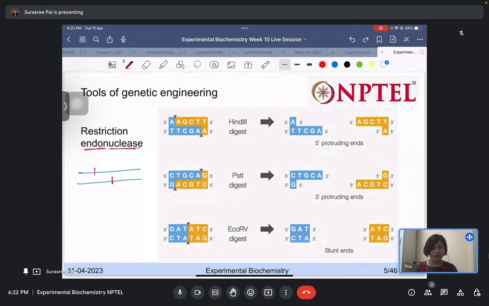These restriction endonucleases are named after the bacterial strain from which they are isolated. For example, EcoR1 is a restriction endonuclease.